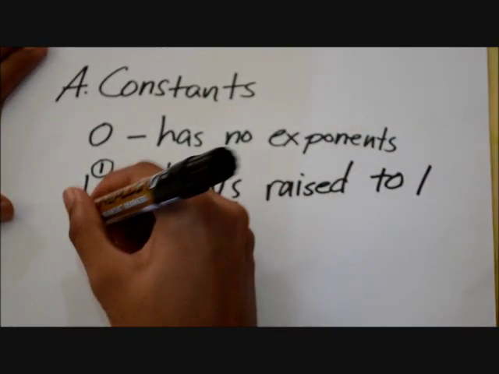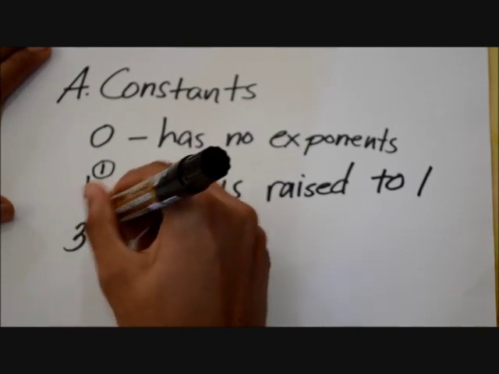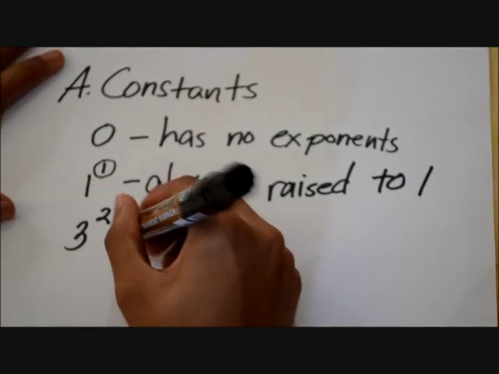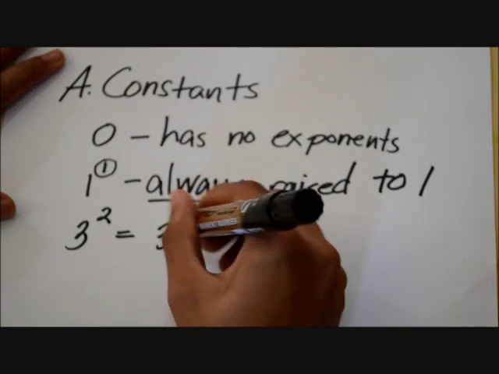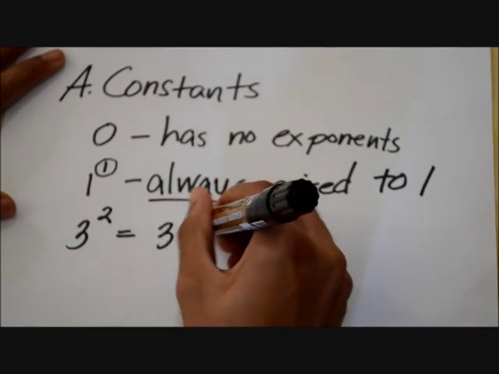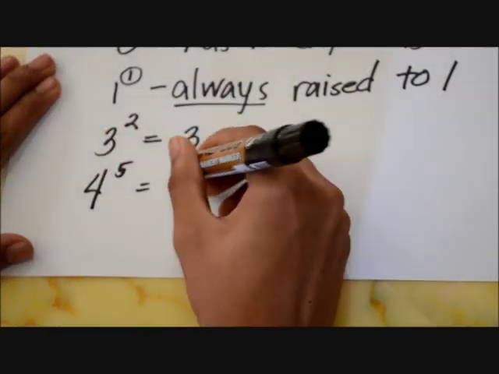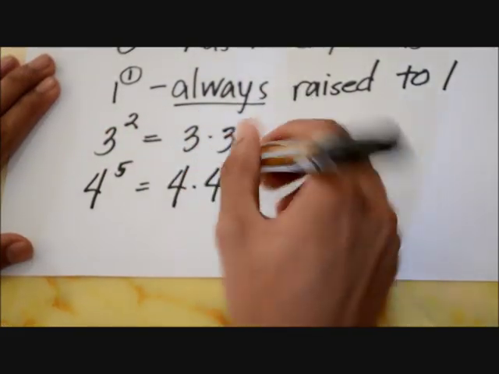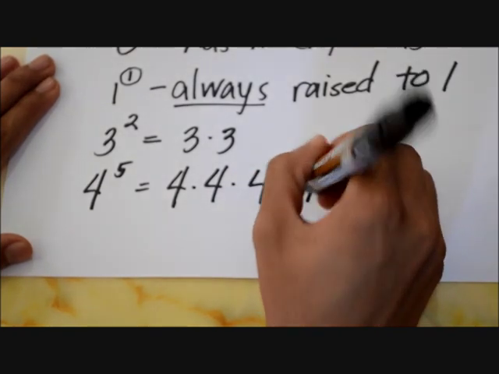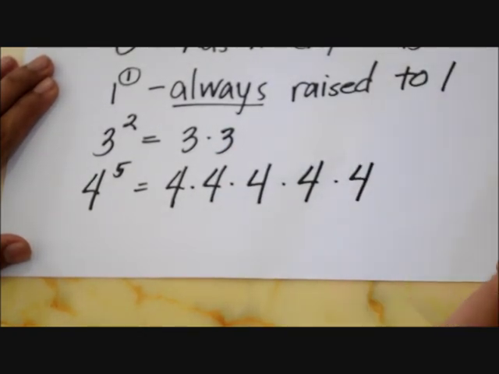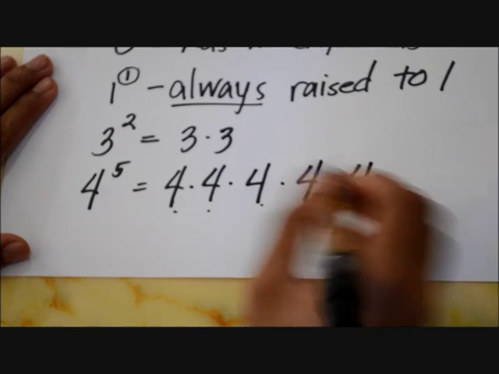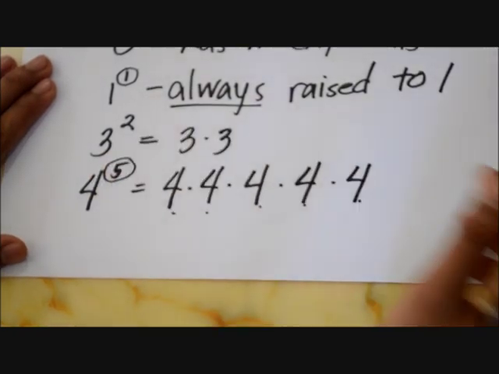A constant raised to the power of 2, given 3 squared, is multiplied once by itself, given 3 times 3. A constant raised to the 5th power, given 4 raised to the power of 5, is multiplied 4 times by itself.